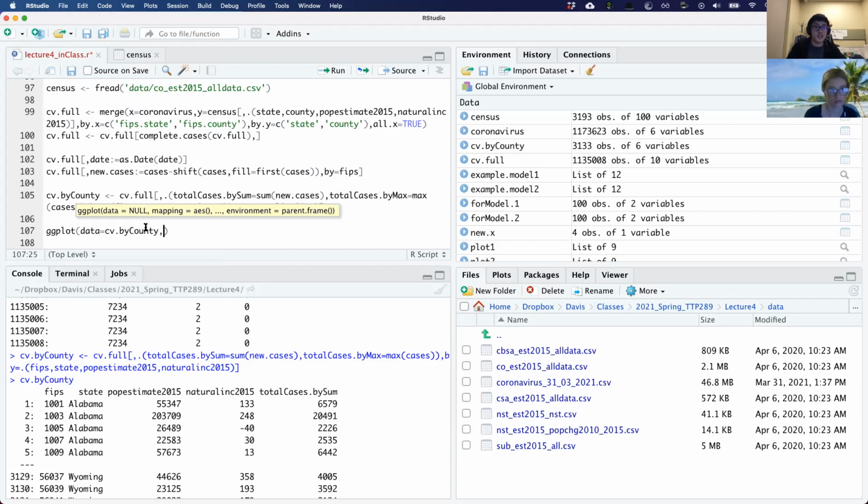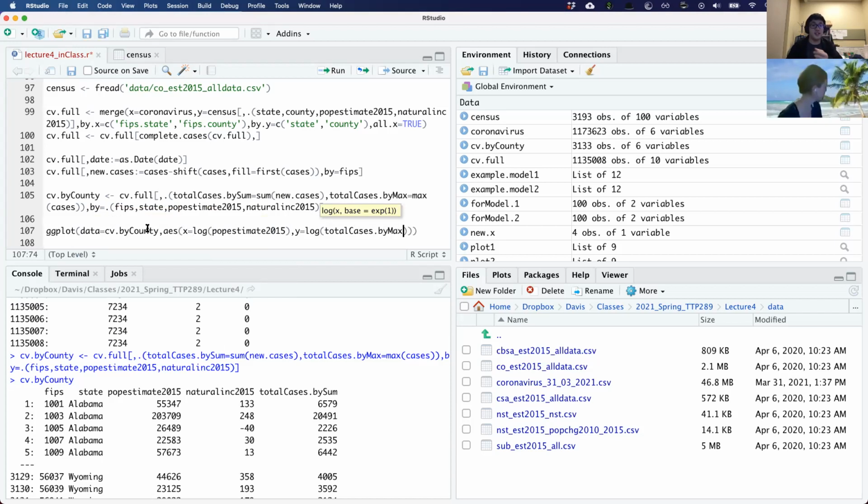And so what I want to look at is, let's say, the log of my population compared to the number of cases. So let's just quickly look at what that looks like.